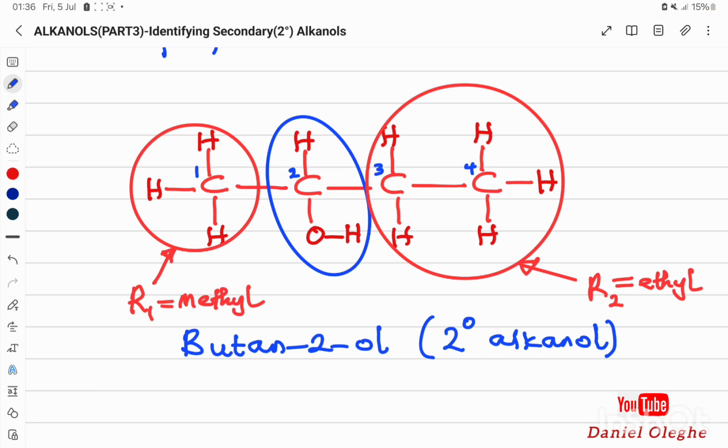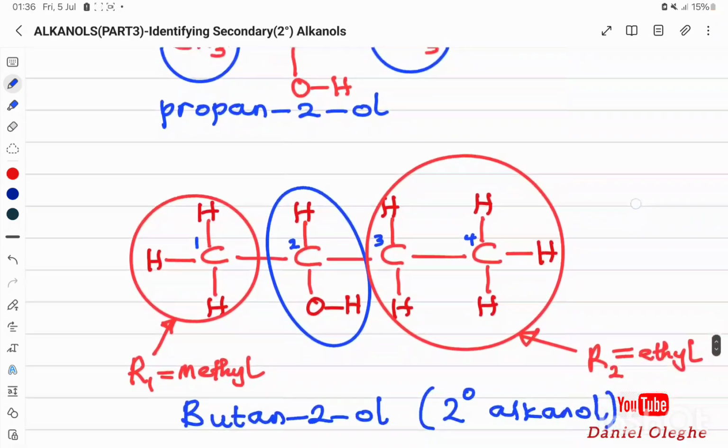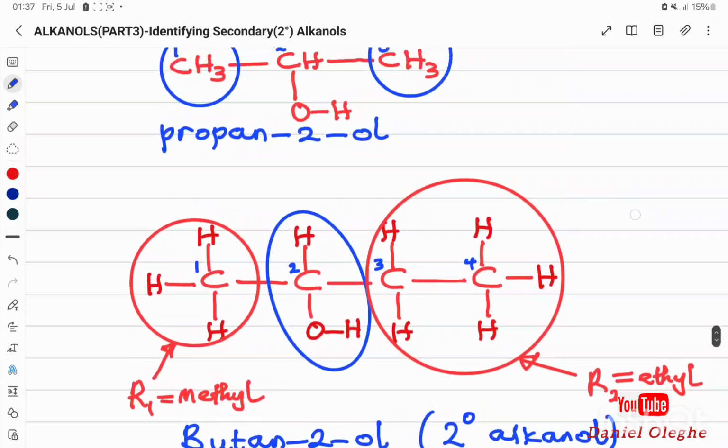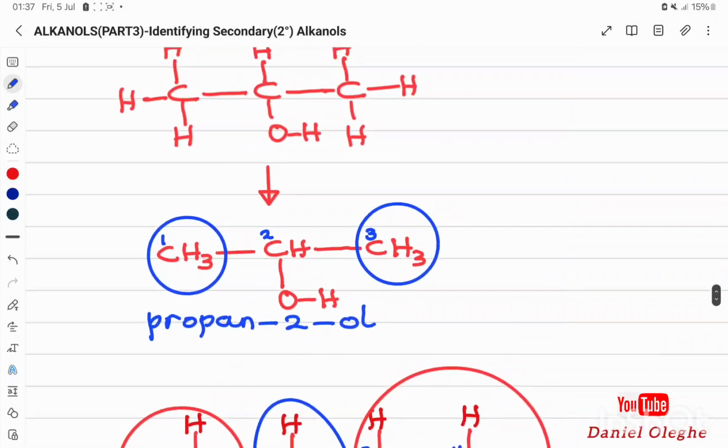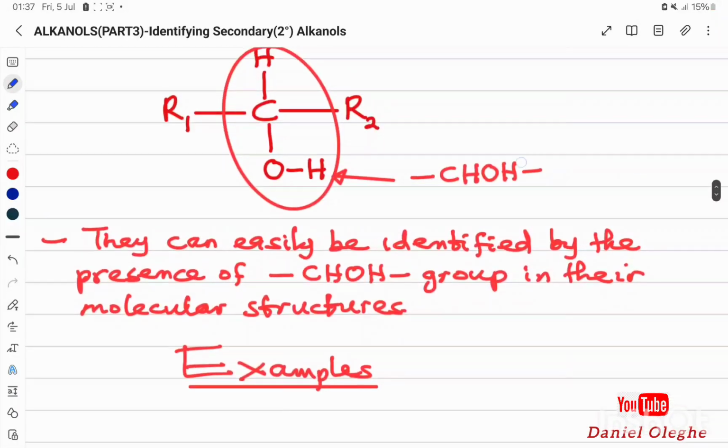Then the hydroxy group is on the second carbon atom, the second carbon atom as numbered. So that's why it is butan-2-ol. Like I said, I'm going to teach you how to name alkanols in the next video. So these are examples of secondary alkanols.